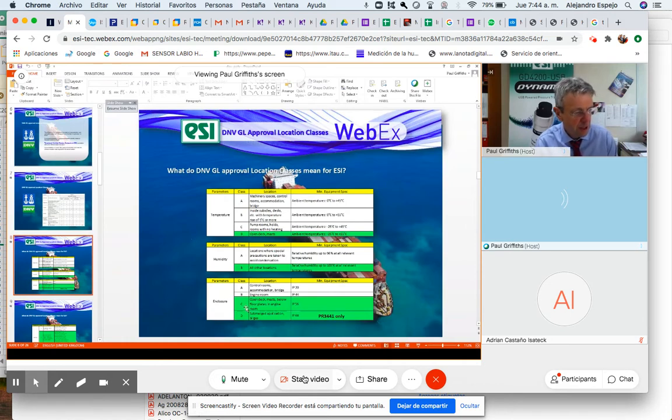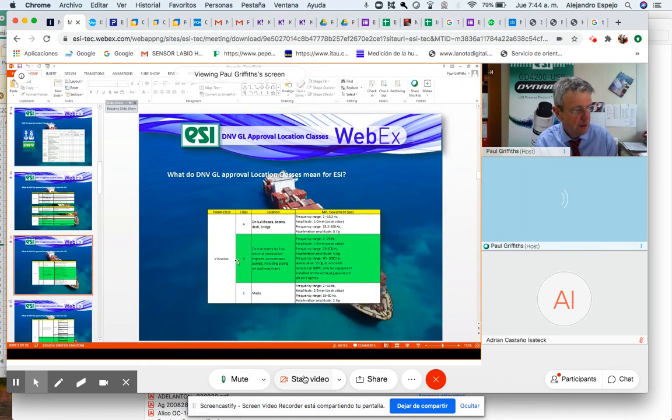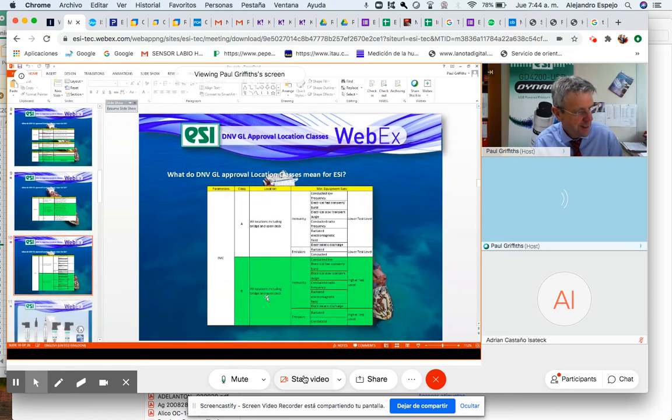But everything else is to enclosure level C. And then for vibration, we went for B, which covers most of the ship, everything apart from the mast. Well, you won't find a pressure transmitter up a mast. And then EMC, we went for the highest rating on immunity and emissions.